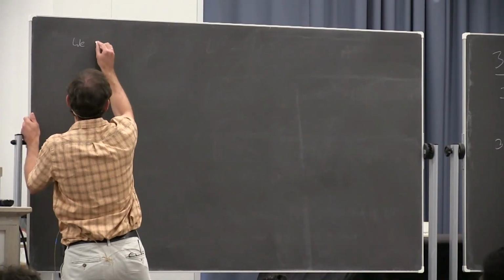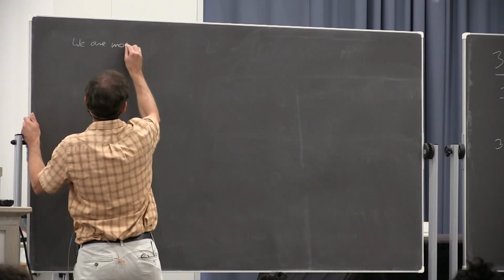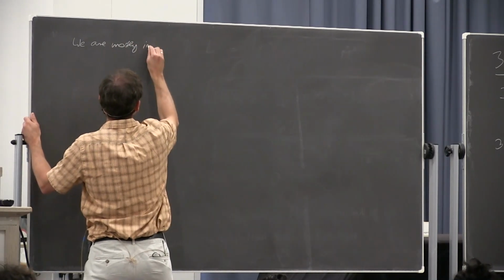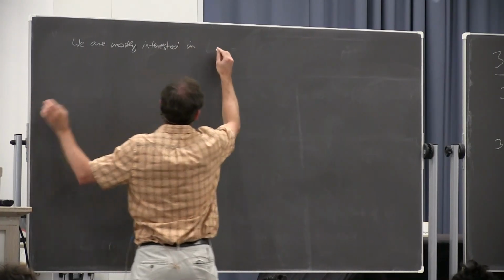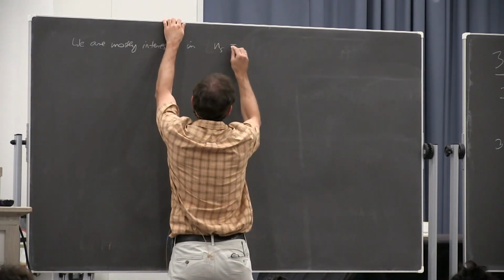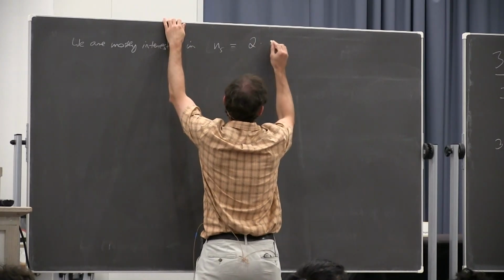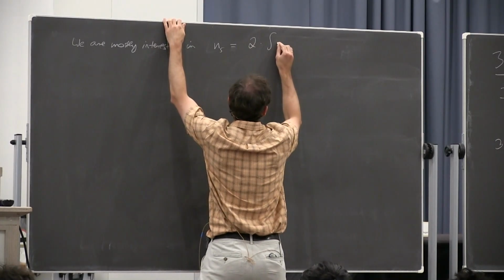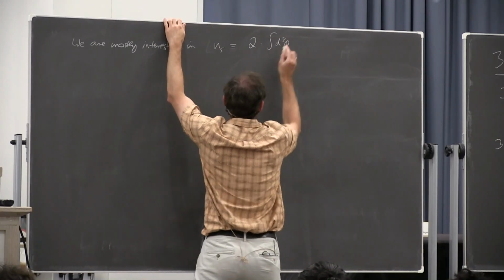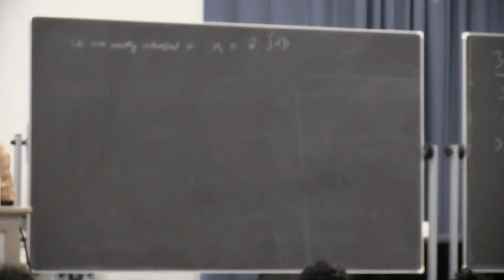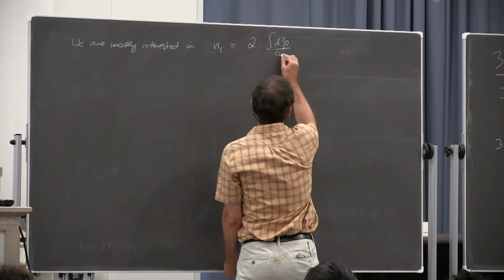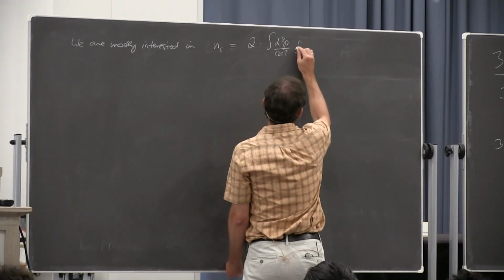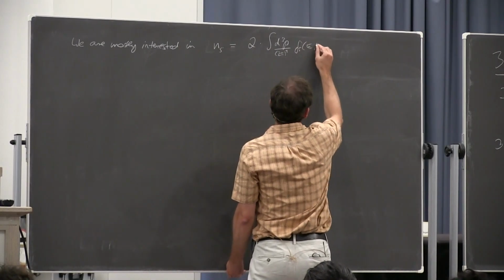So the quantity that we are mostly interested in is the sterile neutrino number density, which is given by 2 times the integral d3p. Let me see if I need a factor of 2 pi cube here in my conventions. Yes, I do. 2 pi cube times Fs of E comma t.